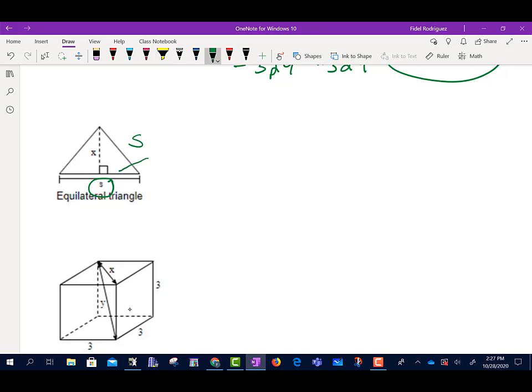And this piece right here, just that part right there, guys, would be s over 2. So if I were to think about my right triangle here, let's see.